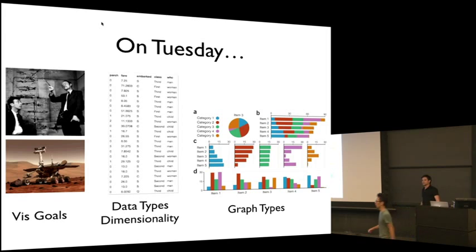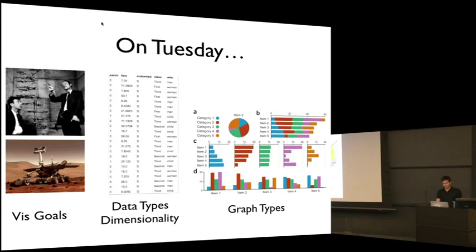We talked about the different data types, so quantitative data, ordinal data, nominal data, then about dimensionality, so we discussed what to use for 1D data, 2D data, 3D data, and the second half was about statistical graph types, and we talked about the different tasks that you could have, so it could be to show a correlation, it could be to show a distribution, it could be to compare something, and so on.